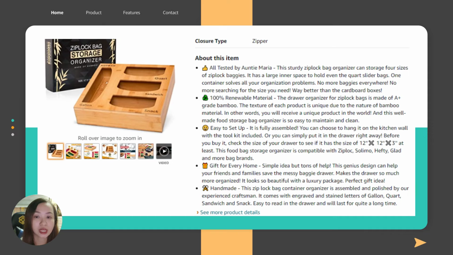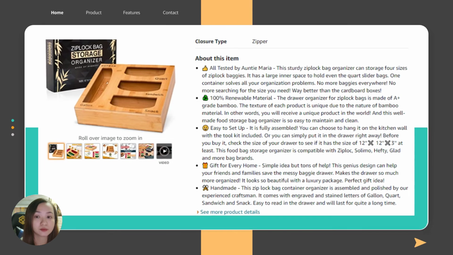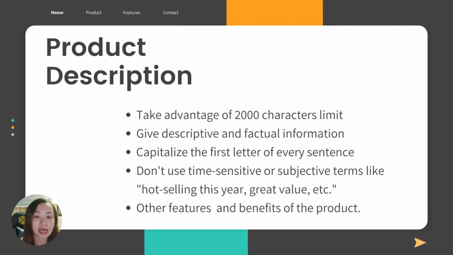Now, for the Amazon product description, one of the most important aspects of Amazon product listing optimization is this. So, let's use the 2000 character limit to provide descriptive and informative information. We should also capitalize the first letter of every line we write to show them why they should buy your product.